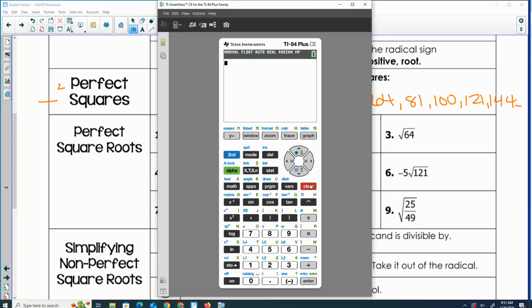So if I wanted the square root of 121 and I didn't know it, you hit second, and then this x squared, because you see above the x squared there's a square root written in blue. Everybody should be trying this on their calculator. The square root of 121 is 11. It works out perfectly. But not everything does.